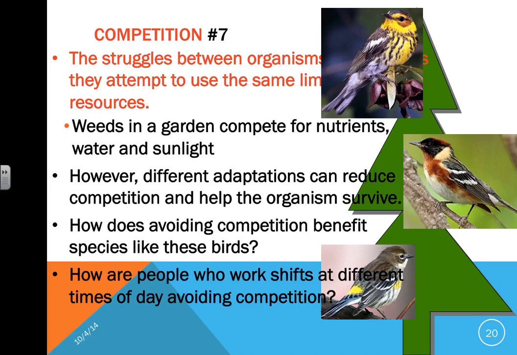How are people who work shifts at different times of the day avoiding competition? So I think of a company that, say, has 20 employees and only 5 computers. That means 15 people can't use the computer to get their job done. That might be a problem because they may very well need the computer to get the job done. There might be that much work to do.